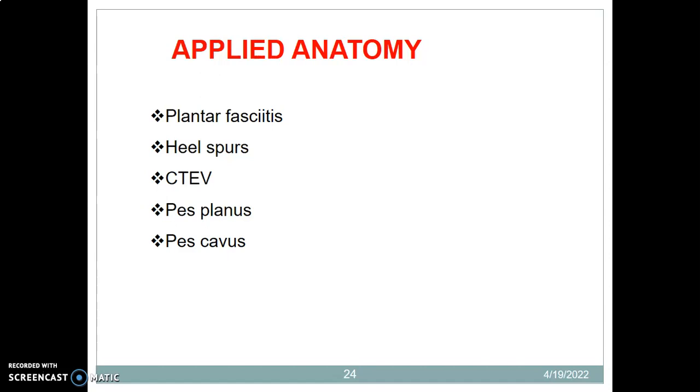Because remember, the arcs are supposed to be there to protect these soft tissues that are within the foot. So there will be that strain in patients who have pes planus.